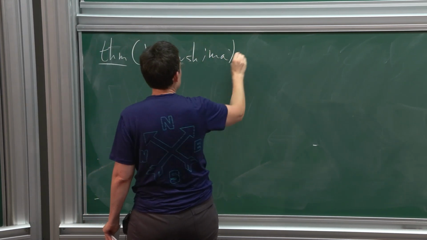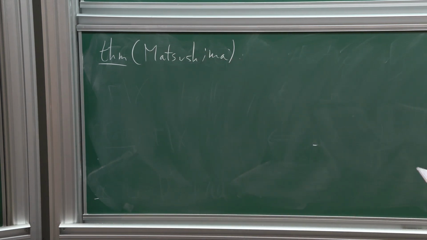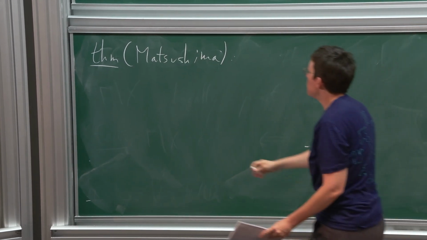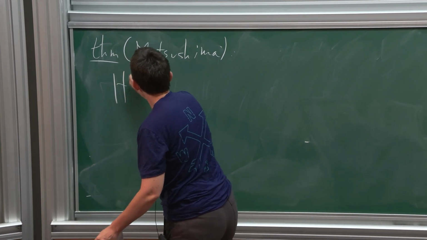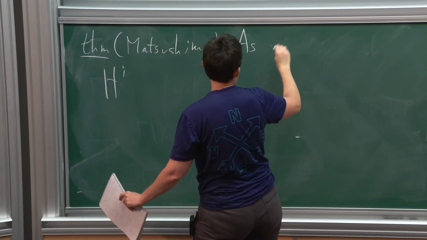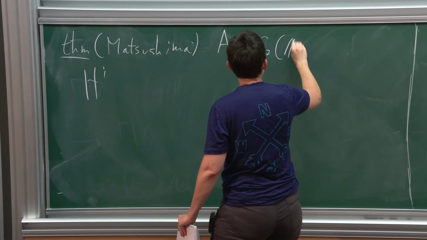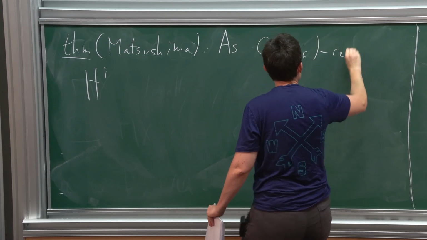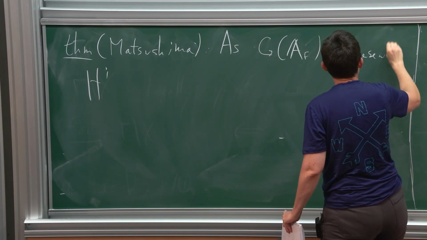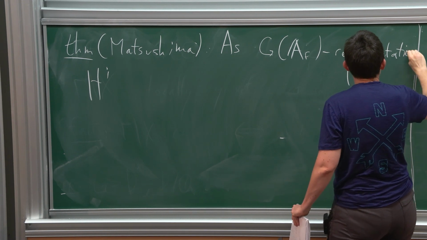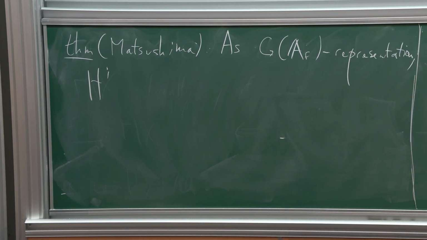What is Matsushima telling me now? So that this H^i, as a G of AF representation... I should say I have this in my notes, but I'm going very slowly, so maybe I'll just tell you without writing it. You can also think about these actions at finite levels.